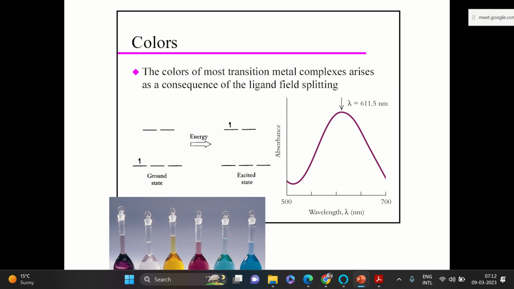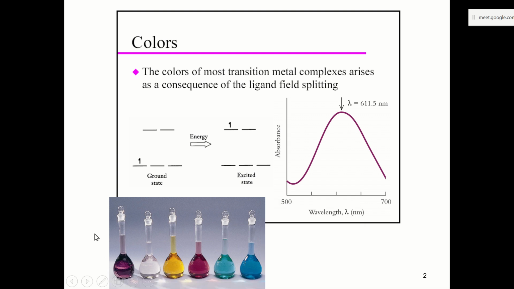So the basic idea for the colors in the complexes that we could see was that the variety of colors that we see is due to the splitting due to the ligand field. Suppose you have one electron in the ground state of the t2g, and this is eg.